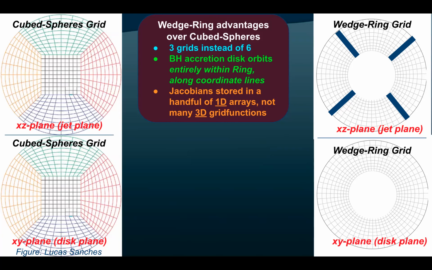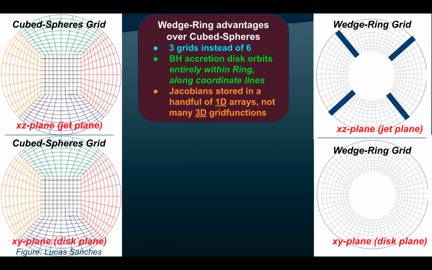In other words, I guess you could call it a separable coordinate system. As such, you only need to store f of r, g of theta, and h of phi independently. So if you want to calculate Jacobians derived from that spherical metric, all you have to do is store one-dimensional arrays. It's really, really cheap in terms of memory usage.